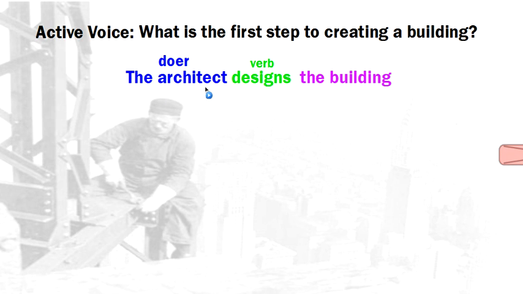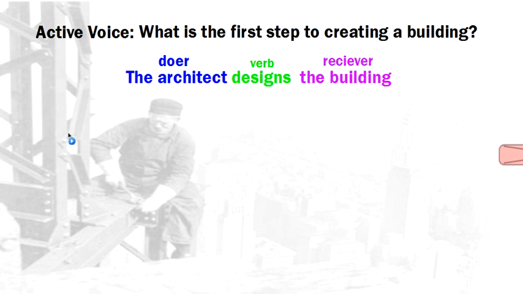So we call the architect the doer. It's doing the verb. And the building is receiving this action. It's receiving the verb from the architect. So we call this the receiver, right? And that's the active voice, when I use the doer, the verb, and then the receiver.